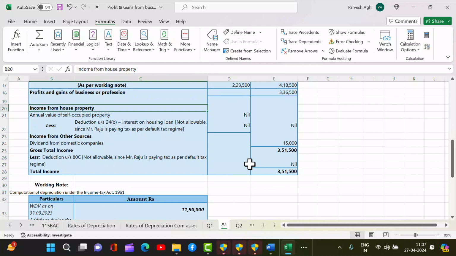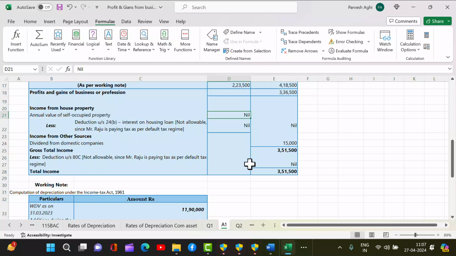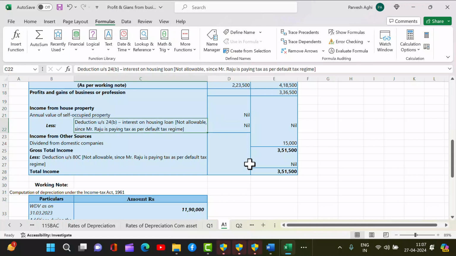अब इनकम फ्रॉम हाउस प्रॉपर्टी. So annual value of self occupied property nil, because this is a self occupied property, so since you're not earning. So interest on housing loan. Interest deduction under section 24B, interest on housing loan not allowable since Mr. Raju is paying tax as per default tax regime.